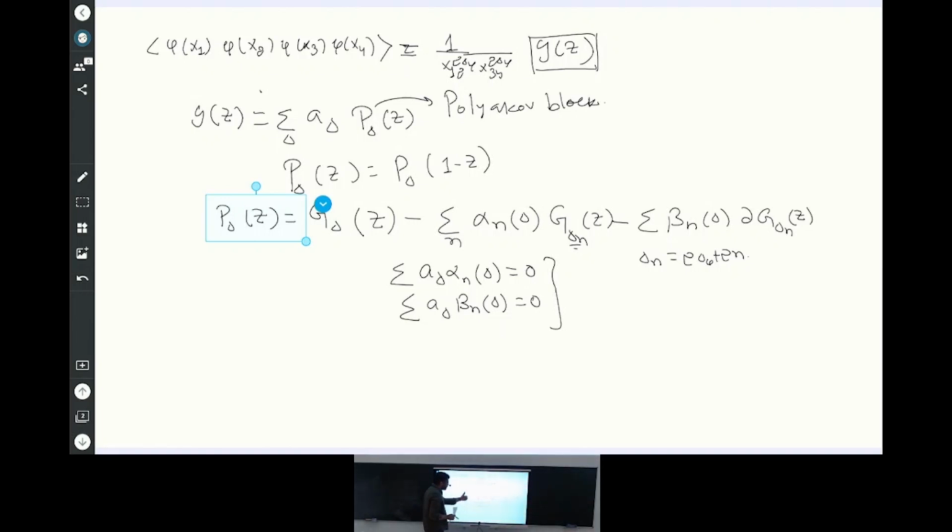Where n is a non-negative integer, and the crucial claim that Miguel and Dalimil proved in their paper is that this is equivalent to the following crossing equation. It can be seen very easily by the fact that Polyakov blocks are crossing symmetric on their own.